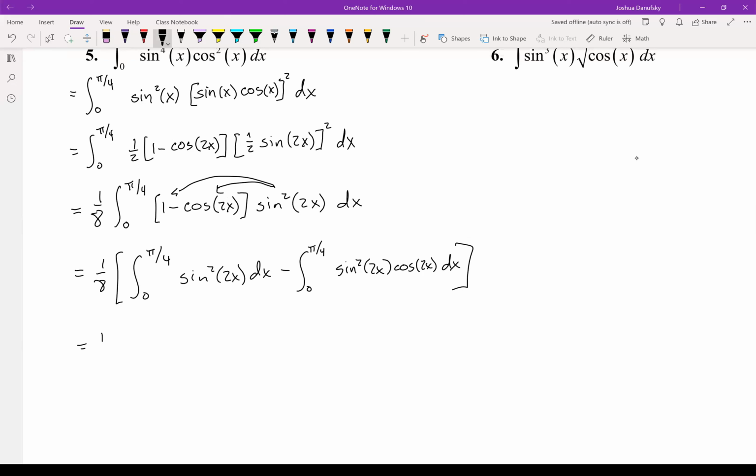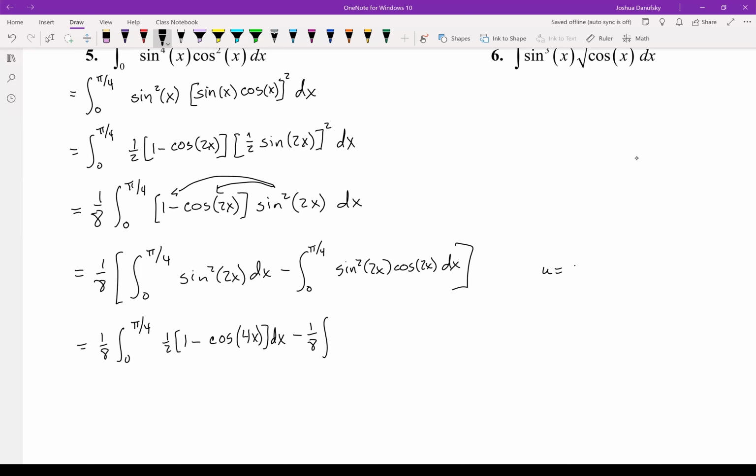And so we'll have 1/8, the integral from 0 to pi over 4. Here we get 1/2 times 1 minus cosine of 2 times the angle, which in this case gives us 4x dx like that. And then I'll put the 1/8 here. Integral. Now, let's go ahead and do our u sub off to the side.